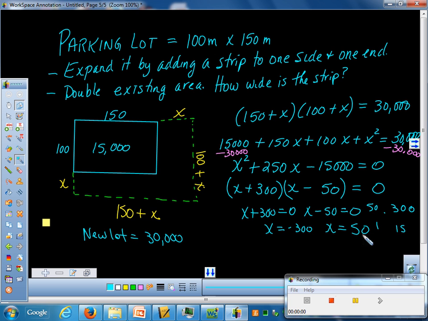Which of those is a logical answer? That 50. Yeah, you can't have a strip that's negative 300 feet. That doesn't make sense. So yes, we should add strips of, actually I should say 50 meters, not 50 feet. So those strips each need to be 50 meters wide, and they would double the space of their parking lot. Woo, doggies, wasn't that fun?